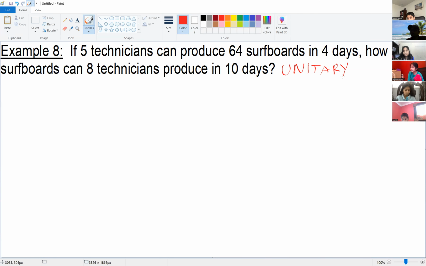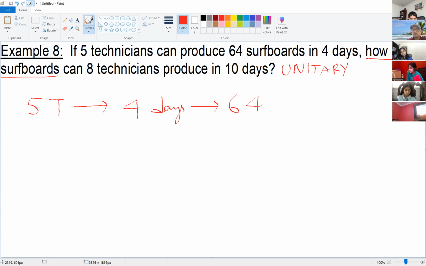Chinmay, did you understand the explanation? Jidvan, Arjun, Vihan. So first, what is the question asking? How many surfboards. I'm going to write the surfboards all the way to the right. 5 technicians, then 4 days, and 64 surfboards.